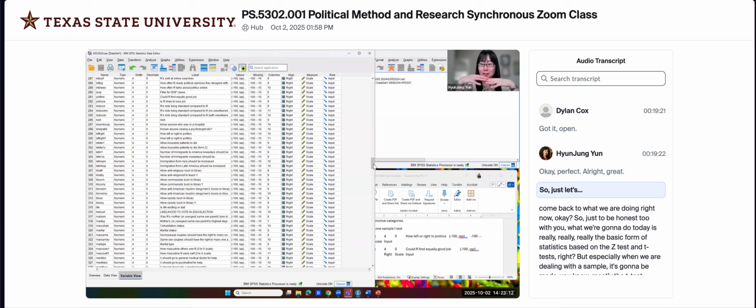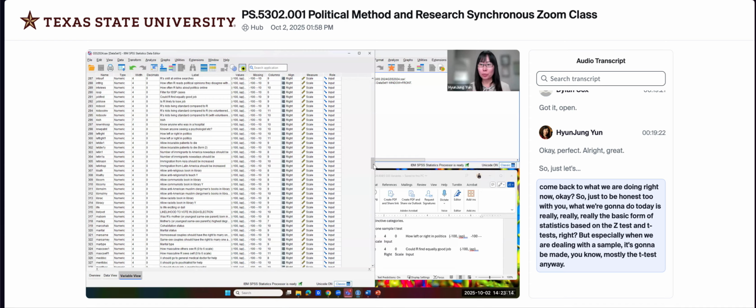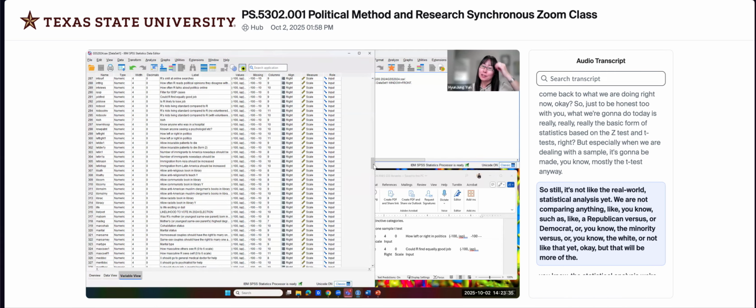So let's come back to what we are doing right now. To be honest with you, what we're going to do today is really the basic form of statistics based on the z-test and t-test, right? But especially when we are dealing with a sample, it's mostly a t-test anyway. So it's not like real-world statistical analysis yet.